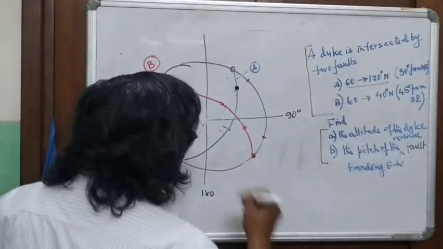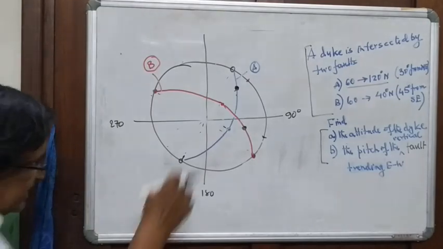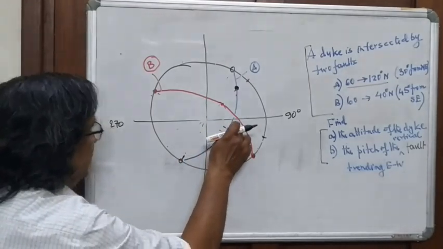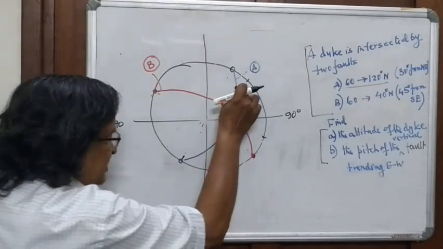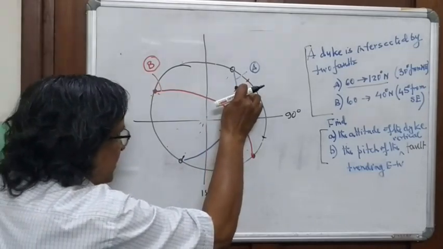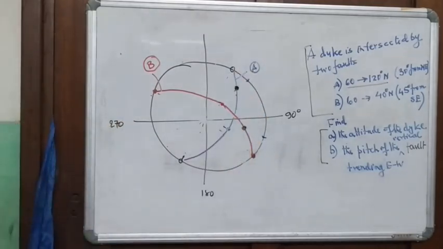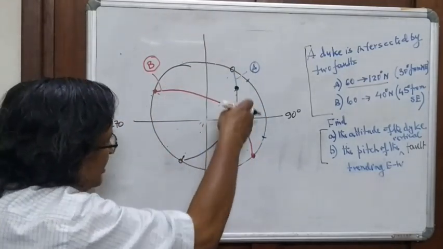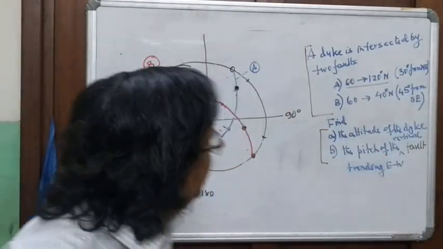So this is another point of the fault plane, because this is the point where the dike intersects fault plane B, and this is the point where the dike intersects fault plane A. If I take that, the fault plane has to pass through this point, and then the fault plane becomes very unique.